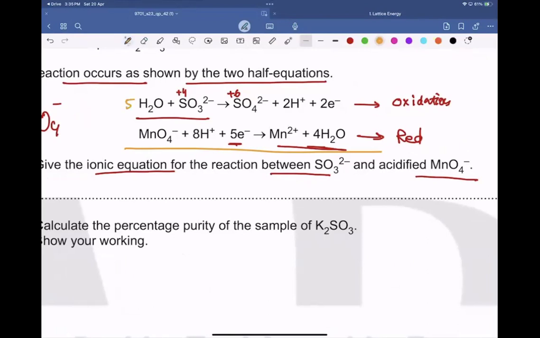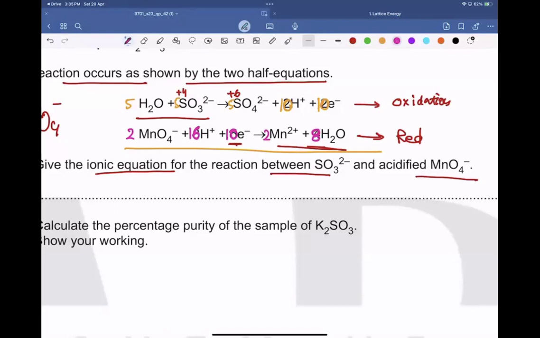There would be 5 H2O, 5 SO3 2-, 5 SO4 2-, 5 times 2 makes it 10, and the electrons will also become 10. Is this clear? Now I will multiply the second equation by 2. 2 times 8 makes it 16, 2 times 5 makes it 10. Here I get 2, and here I get 8. Is this understandable?